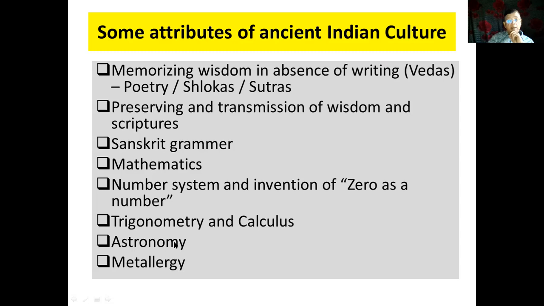You can imagine, during writing of Mahabharata and Ramayana, when they give the configuration of planets, how advanced their knowledge was, that by observation they could place which planet is where. And of course, metallurgy is another very strong point in India. We knew how to forge iron, for example, and we'll talk about this briefly later.